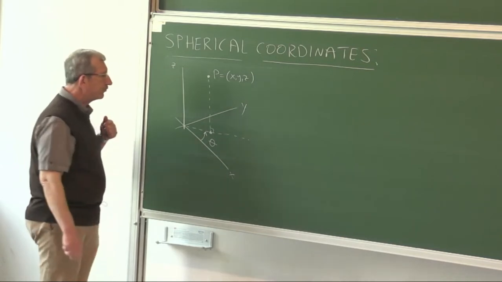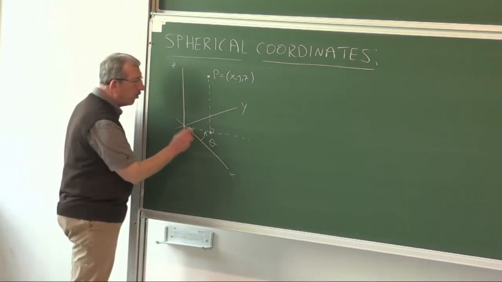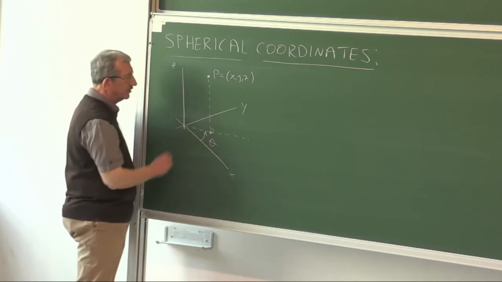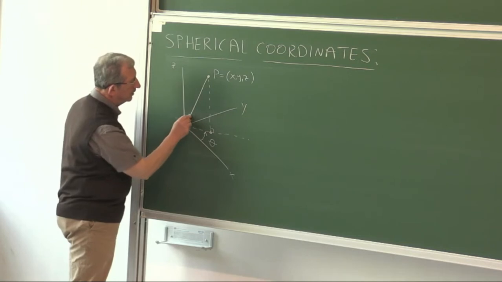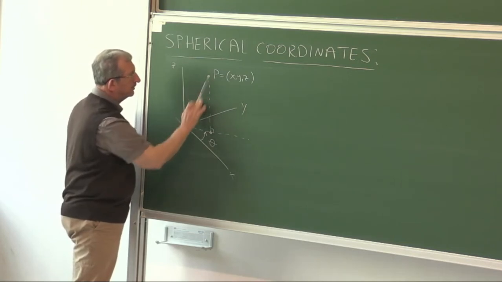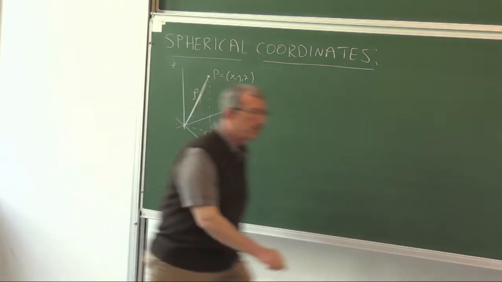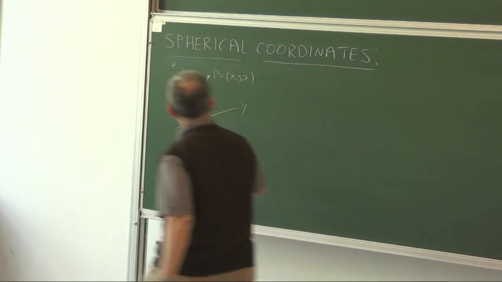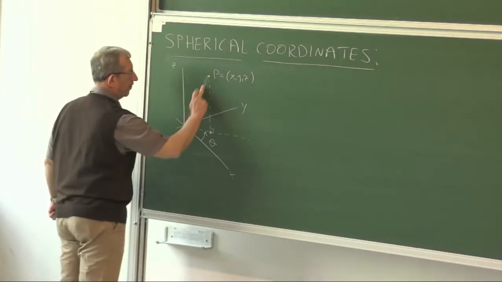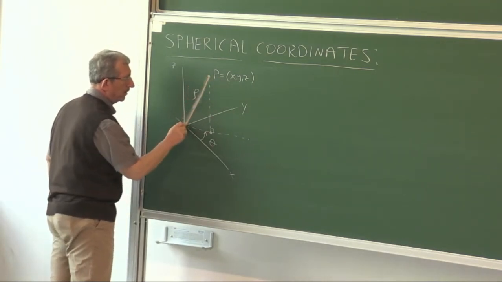Now, instead of using r from the origin up to this projection, we use here the distance rho. Let me use some colored chalk here. Would be better. Okay.